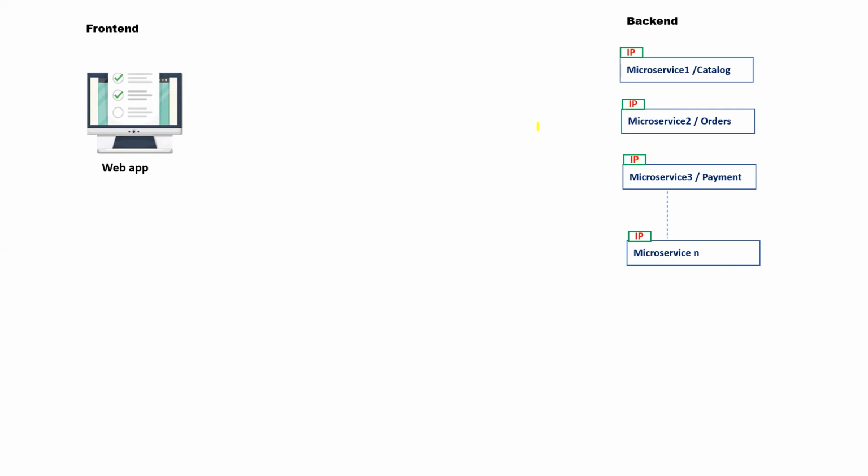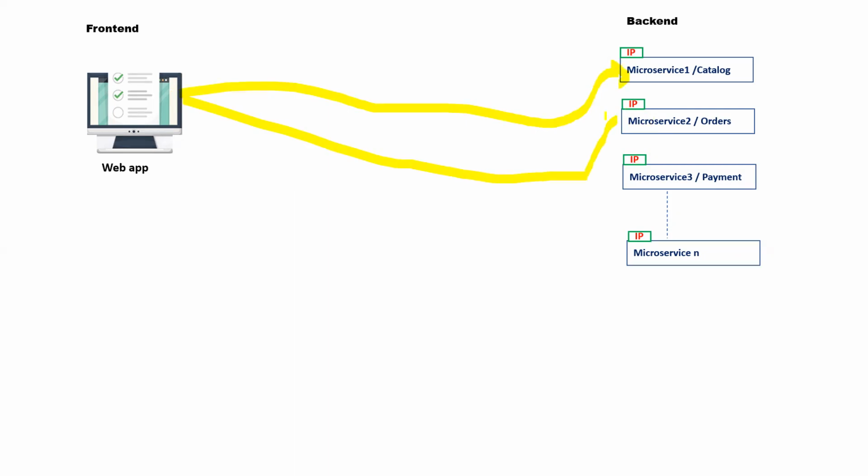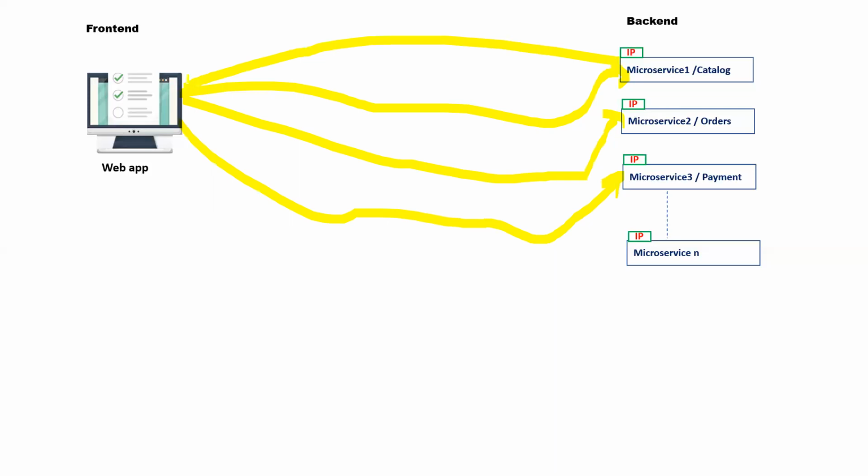I need a result from the catalog, and I also need the order names and order list, and I want the payment summary. So basically, I need three connections from this web app.